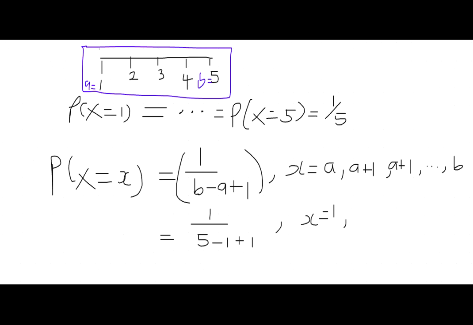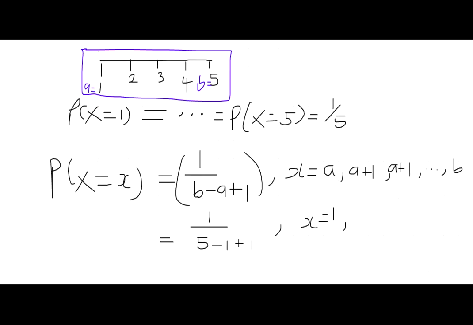Then you go on and have a plus 1, that's 1 plus 1, which is 2. Then a plus 2, which is 3, and then you continue. Add 1 again, a plus 3 will be 4, then a plus 4 will be 5.